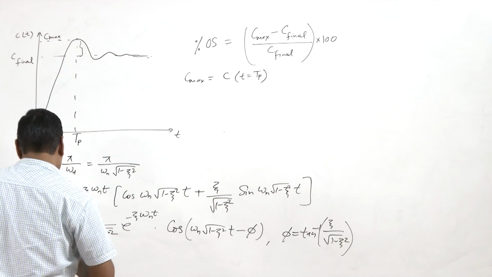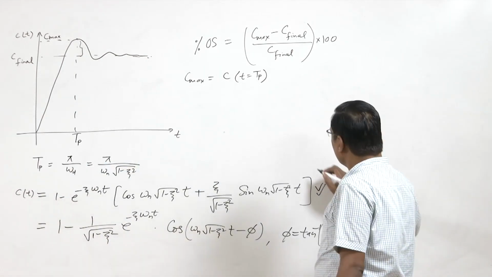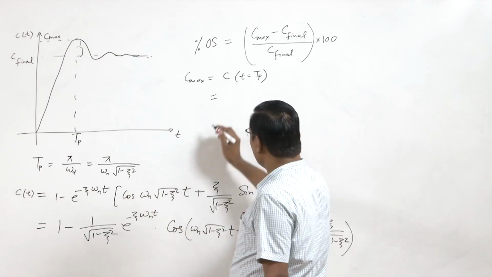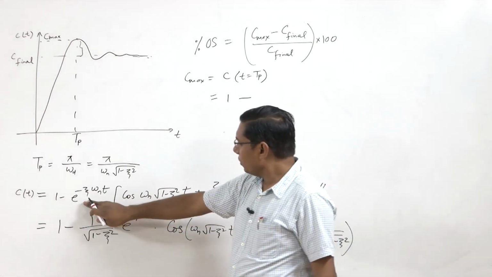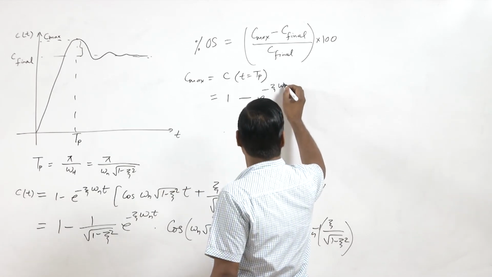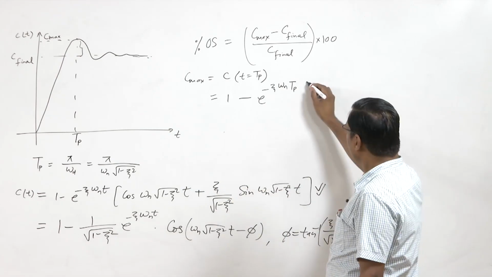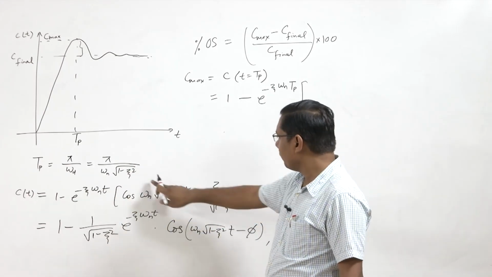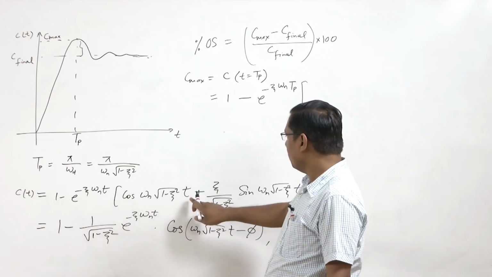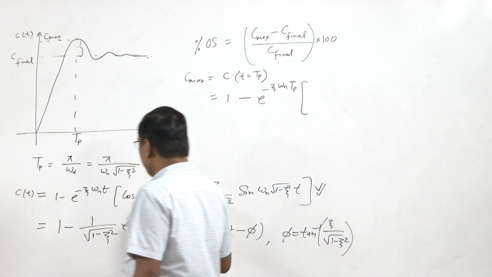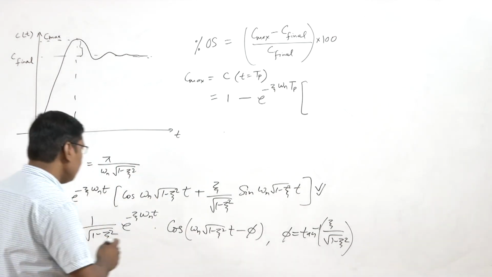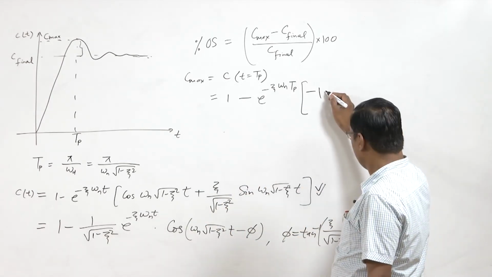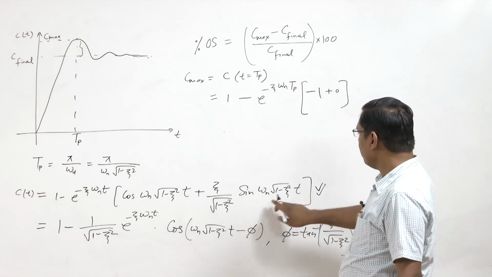So if we use this expression, with Tp equal to pi upon omega n root 1 minus zeta square, we get 1 minus e power minus zeta omega n Tp into cos pi, and cos pi is minus 1, plus the sine term, which is 0 because sin pi is 0.